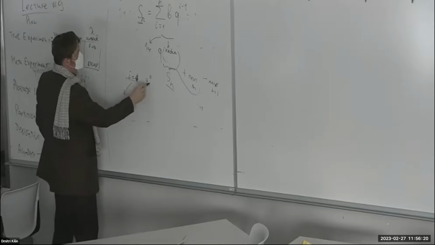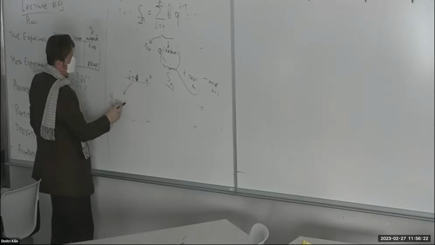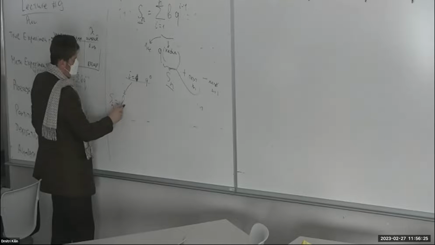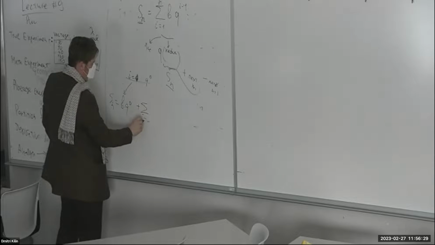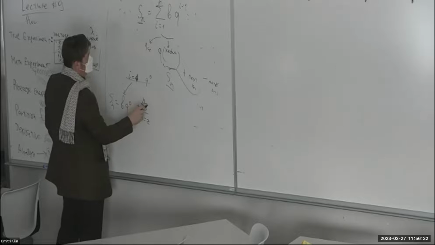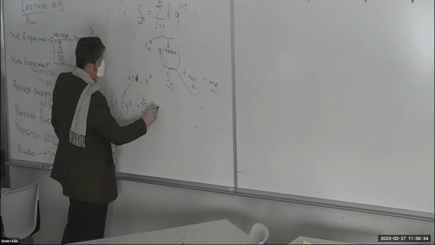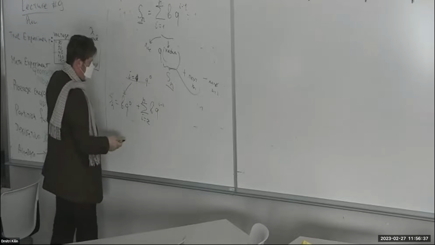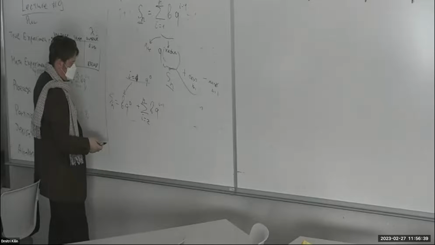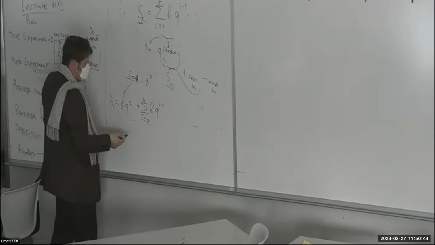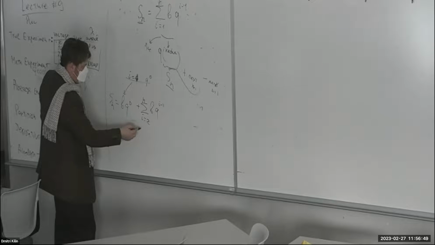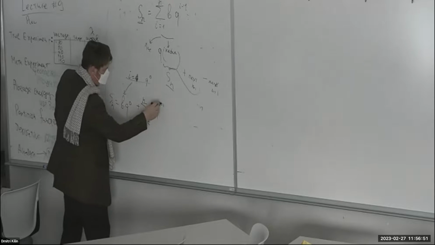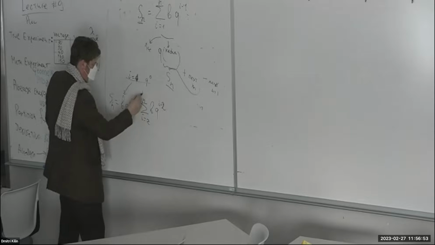So it will be b times q to the power 0, and then the rest of the summation, we go from i equals 2 to n, of b q to the power i minus 1. I can put q outside of the brackets, and then as a price for it, I will put the number 2 here.